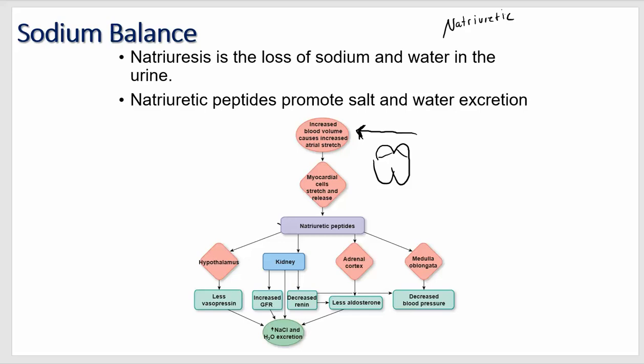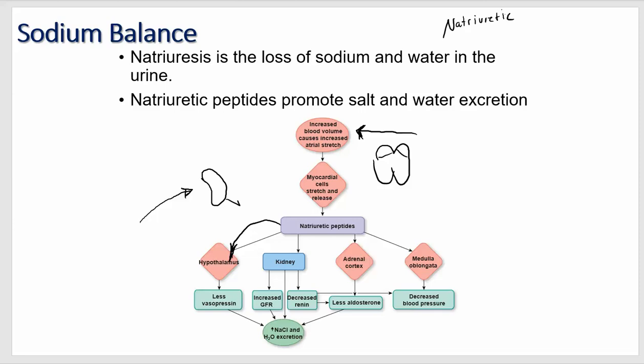They tell the hypothalamus to release less vasopressin from the posterior pituitary. They tell the kidneys to increase glomerular filtration rate, so more blood is filtered through the kidneys and can become urine.